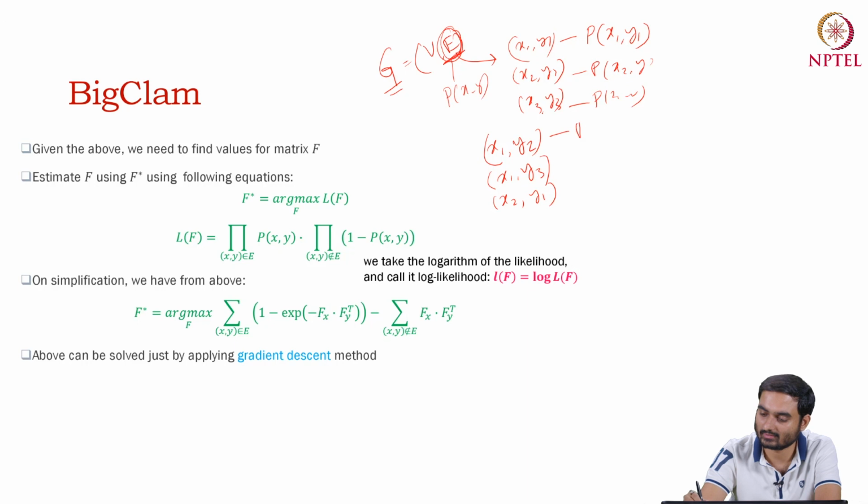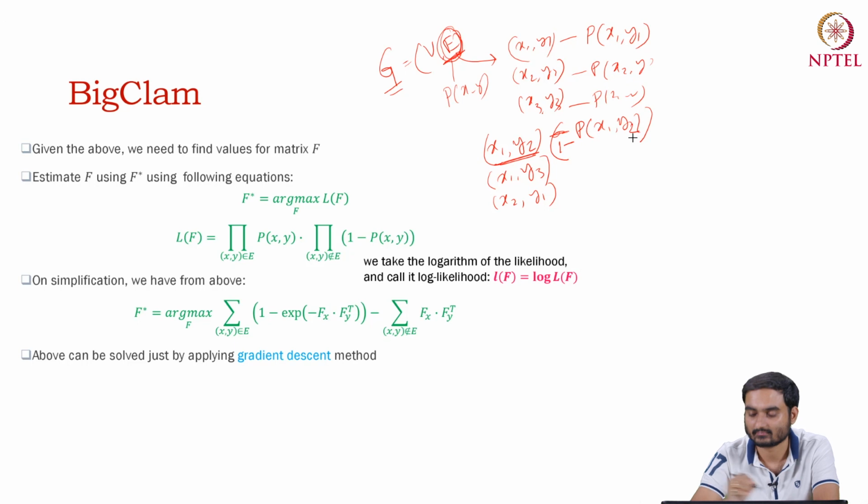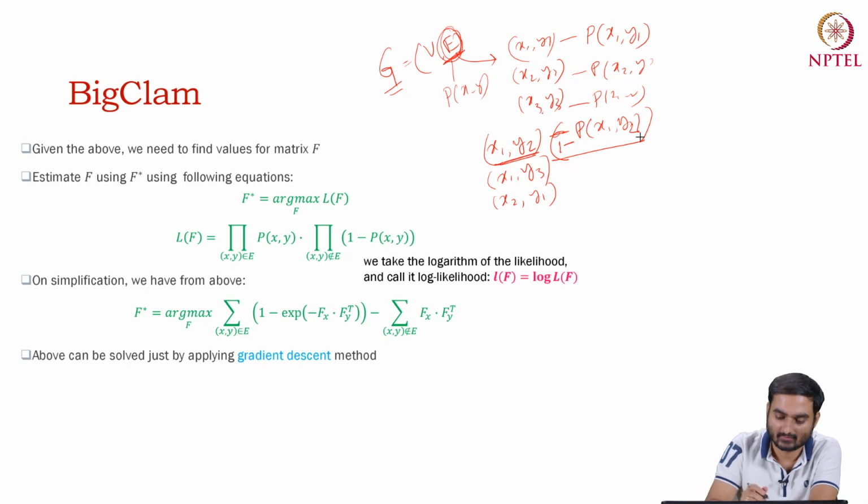We can also calculate this probability P of x1 y2. But since this edge does not exist, what will we take? Here we will take 1 minus this one, because this is the probability that the edge should not exist according to our model.